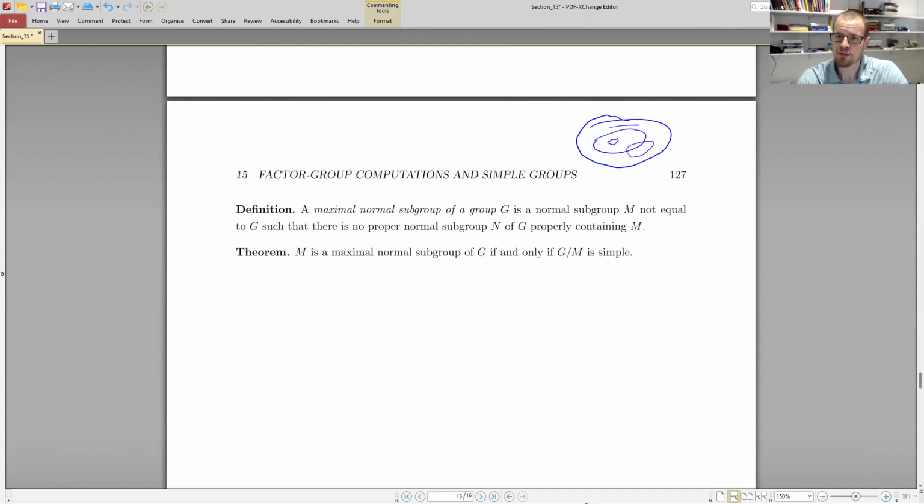If I found a normal subgroup that contains all of those, then those would not have been maximal, and the one that contains them is. All right. I think that's what we're looking for. Now, M is a maximal normal subgroup of G if and only if G quotient by M is simple.